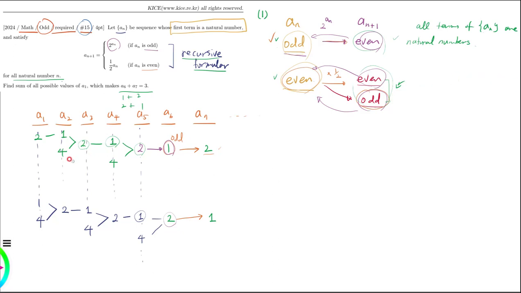And then next question is what the previous term for the 4. 4 is an even number, so it could be 2, since 2 squared is 4, or it could be 8.